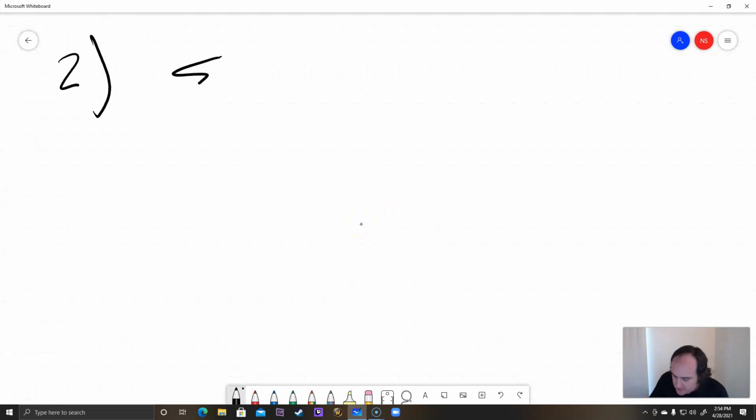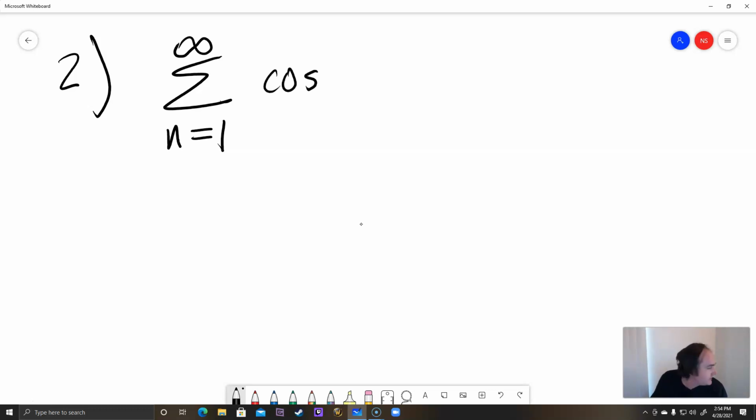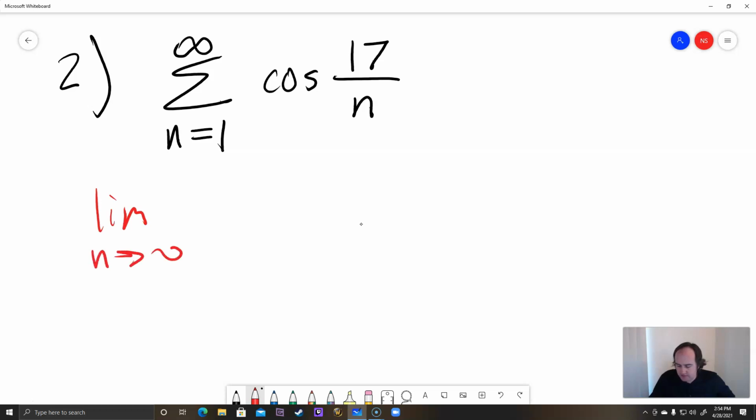For example number 2, we have the summation from n equals 1 to infinity of cosine of 17 over n. So using the nth term test for divergence, we're going to be taking the limit as n goes to infinity of a sub n.